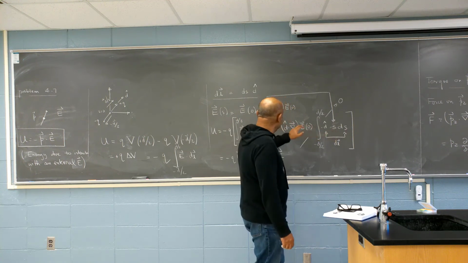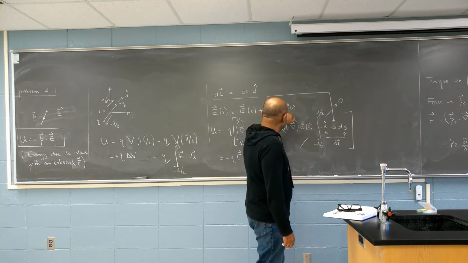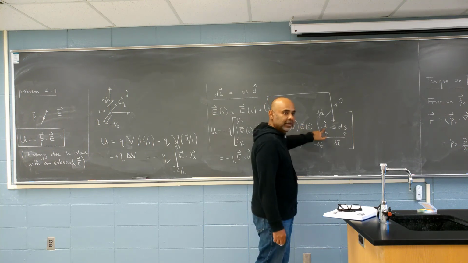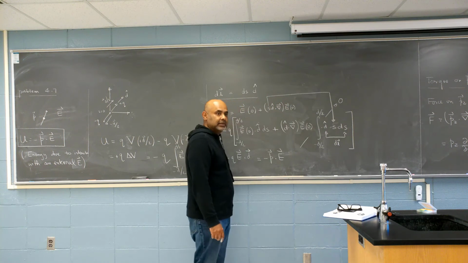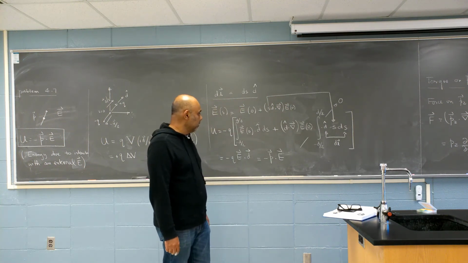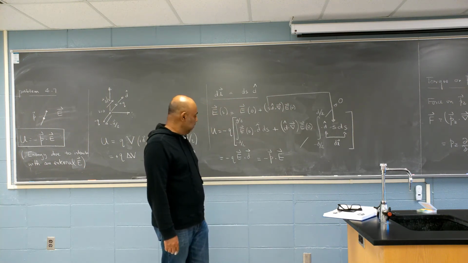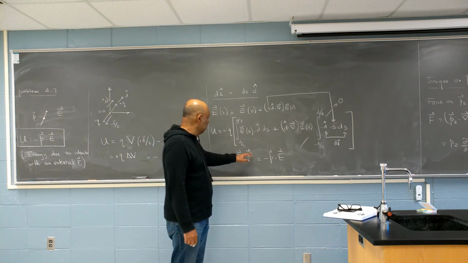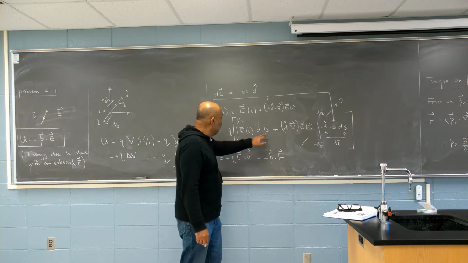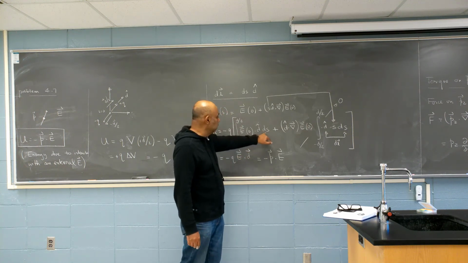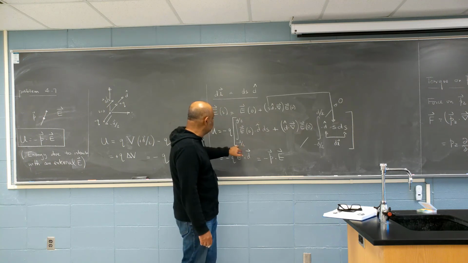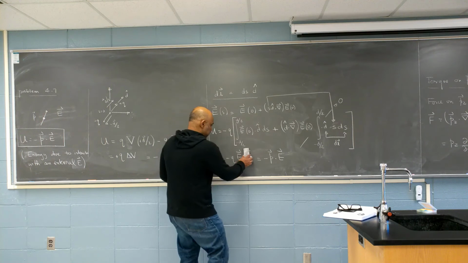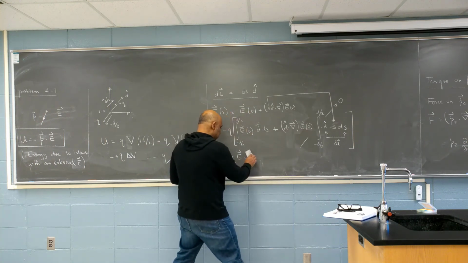Then there's a dot product, so it's this, which is a vector, dot the dl, so that d hat. On the final line, we have E dot d vector, would that be E dot d hat? No, I skipped steps again because I know the answer. When I integrate ds from minus d over 2 to d over 2, I'm going to get d. But good, it's a good question.